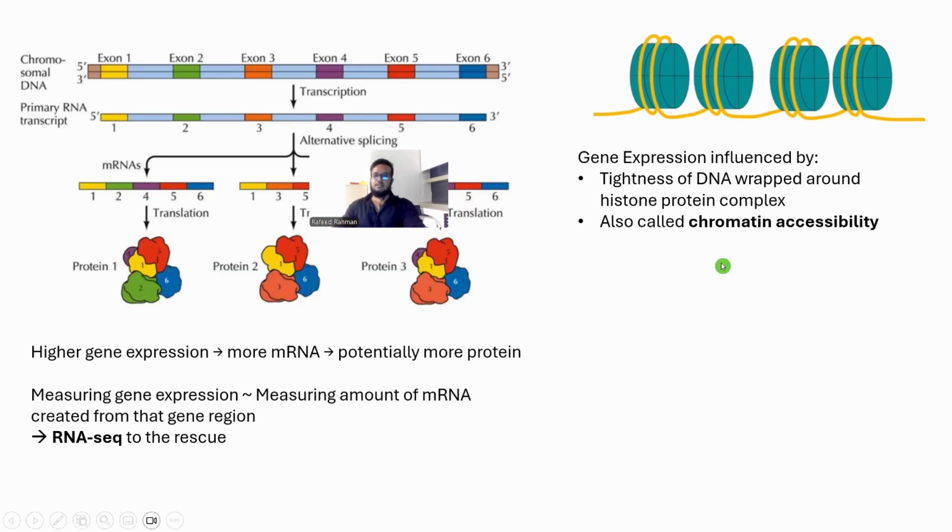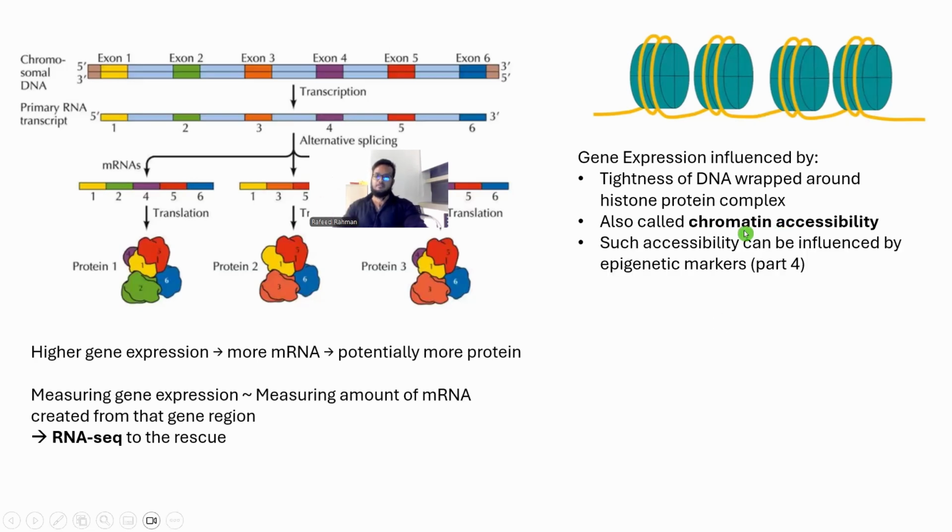The name of this phenomenon is chromatin accessibility. If some place is accessible, that means it is loosely bound or open. You will find this term in many different research papers.